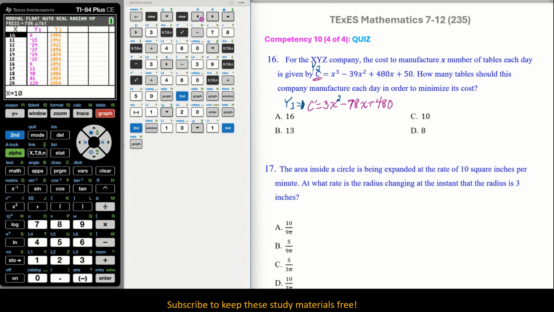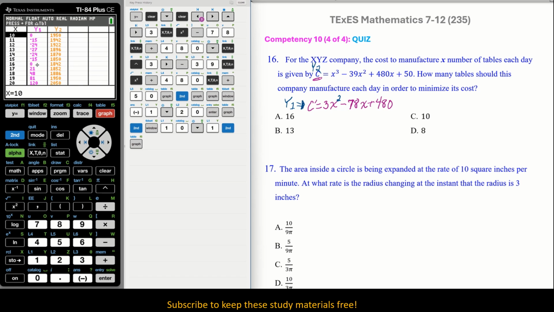Now, let's look at where x is 10, the derivative is 0, but the cost is 1,950. That's one cost we're looking at. Now let's compare it to the other 0 value. We have 16 is our x.